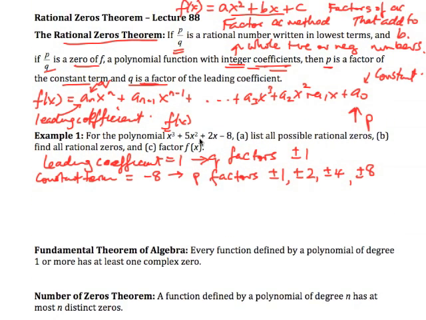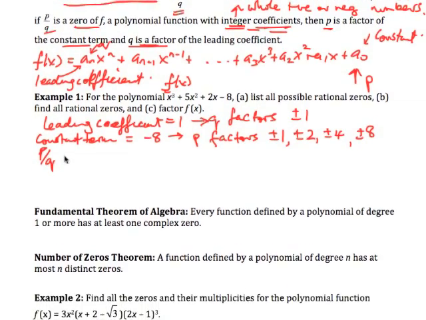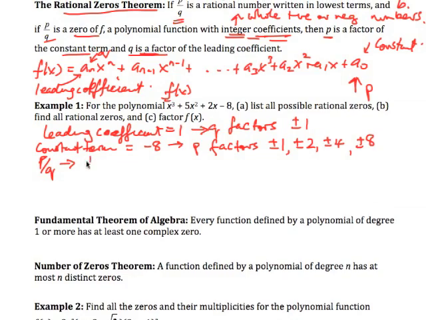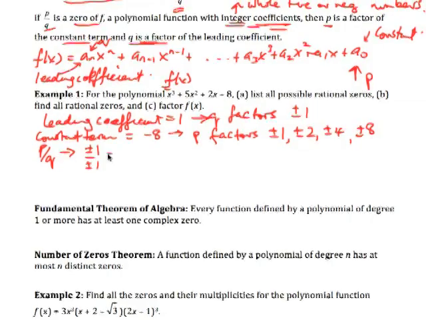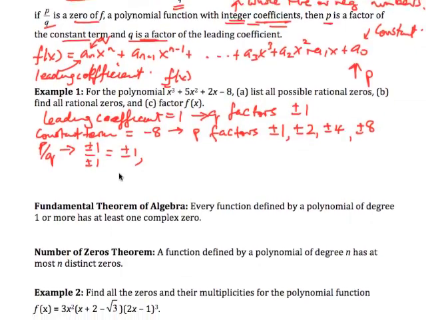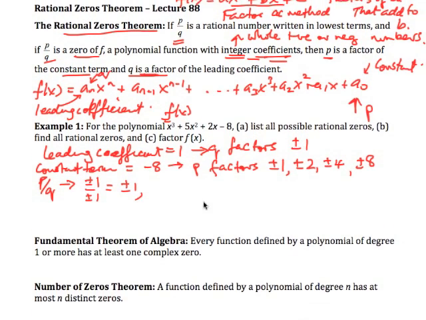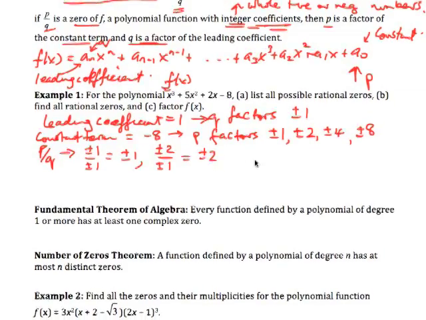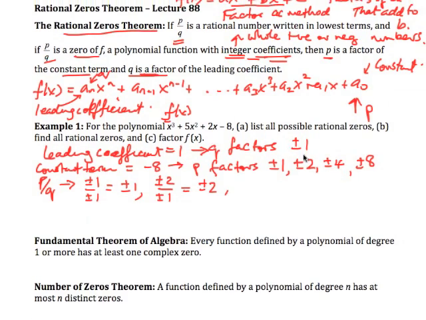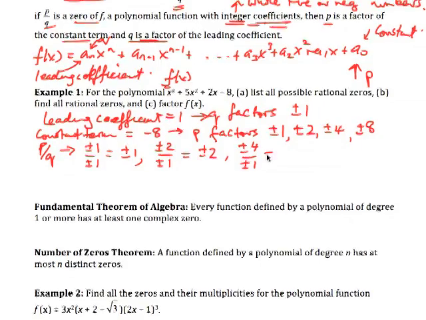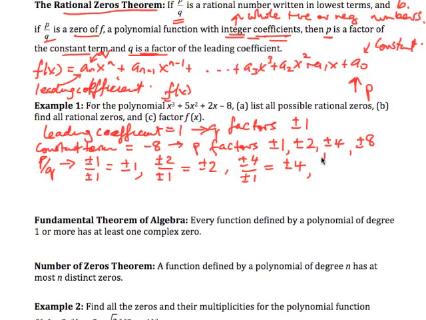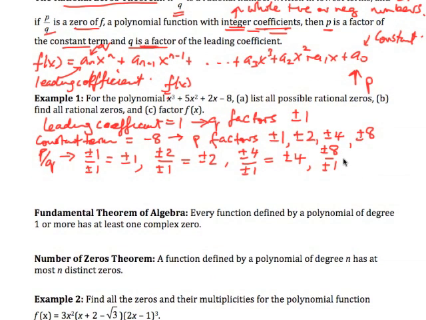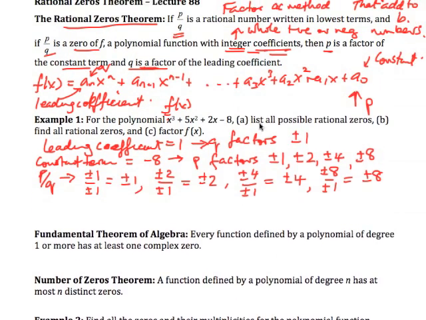So consequently, we are looking for the P over Q possibilities: plus or minus 1 over plus or minus 1, which is plus or minus 1; plus or minus 2 over plus or minus 1, which gives plus or minus 2; plus or minus 4, and plus or minus 8. So it's good if we only have a 1 in front of the leading term. So these are the ones that we have to look for.